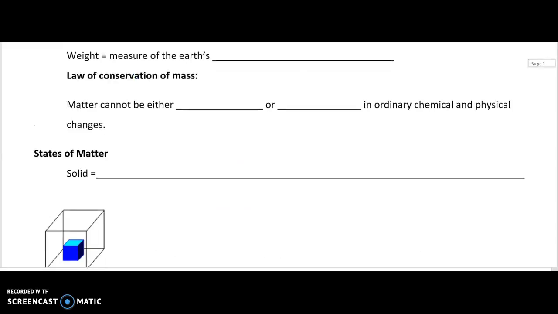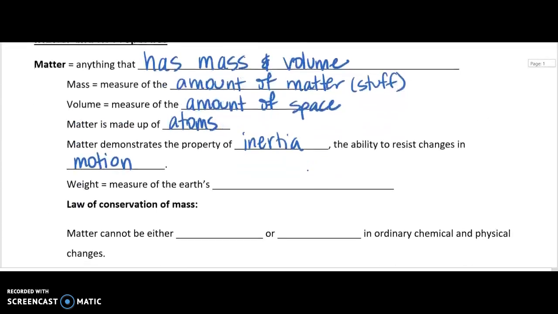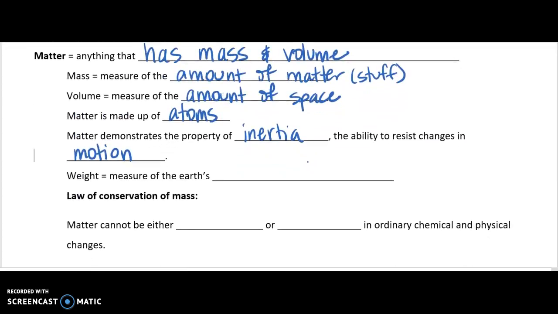Weight. I said we'd talk about weight and its relationship to mass. Weight is the measure of the Earth's gravity on the mass. So mass is how much stuff there is. Weight is how much gravity is acting on that stuff or that mass.